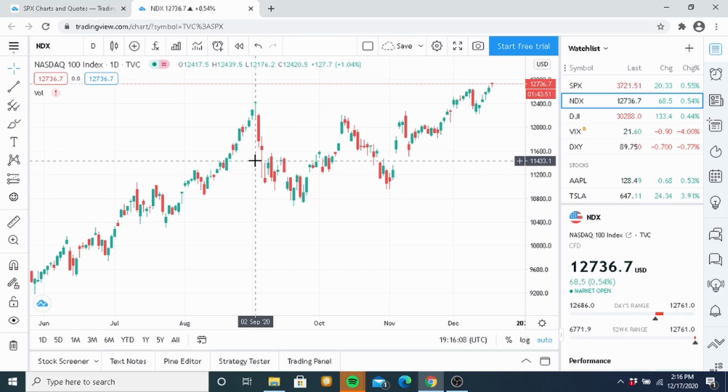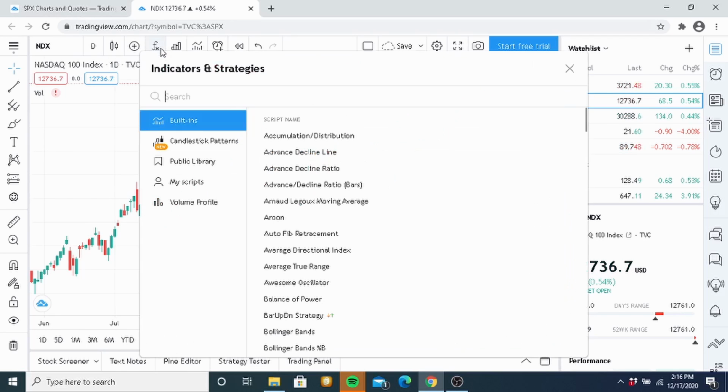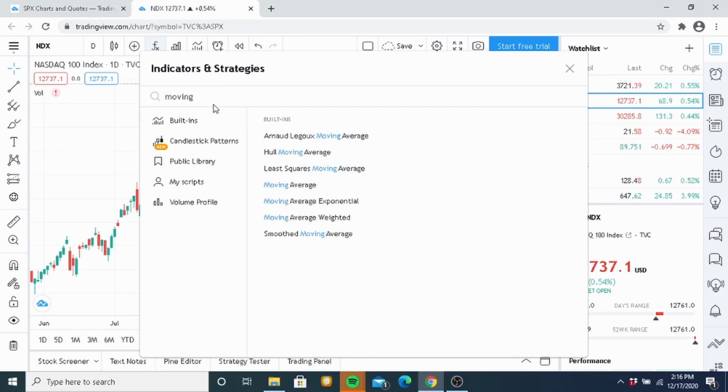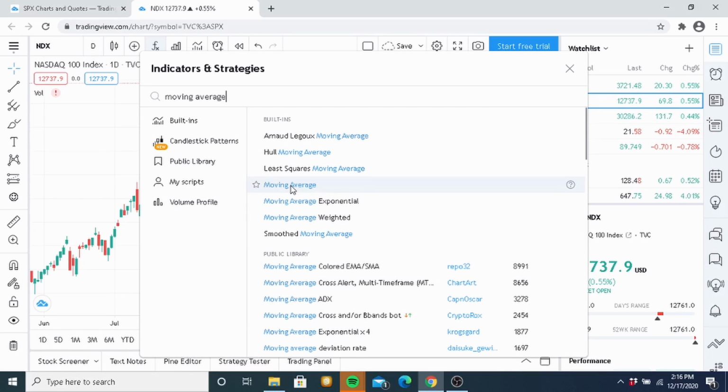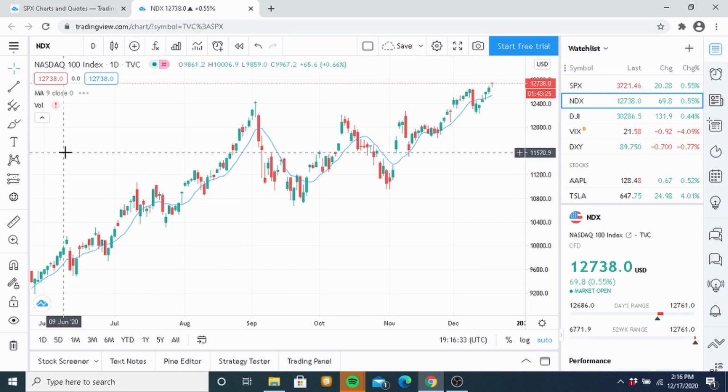Most charting applications, this one's on TradingView right here, but most of them are fairly similar, will have an indicators button. TradingView has it right up here. And if you type in moving average, it will automatically set up the line for you.